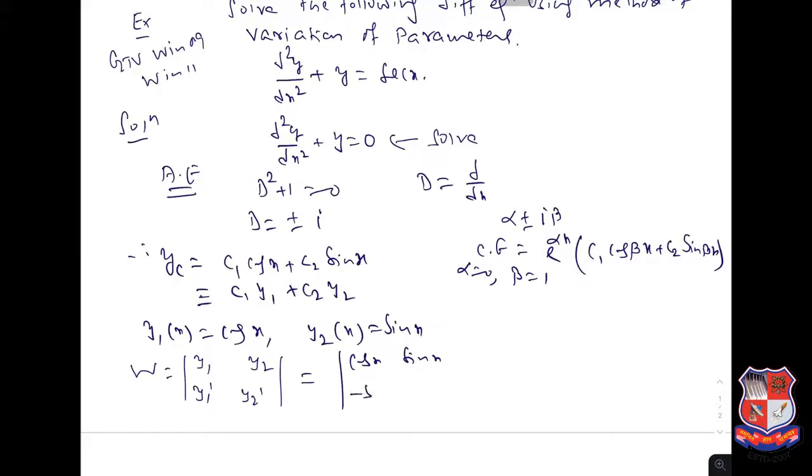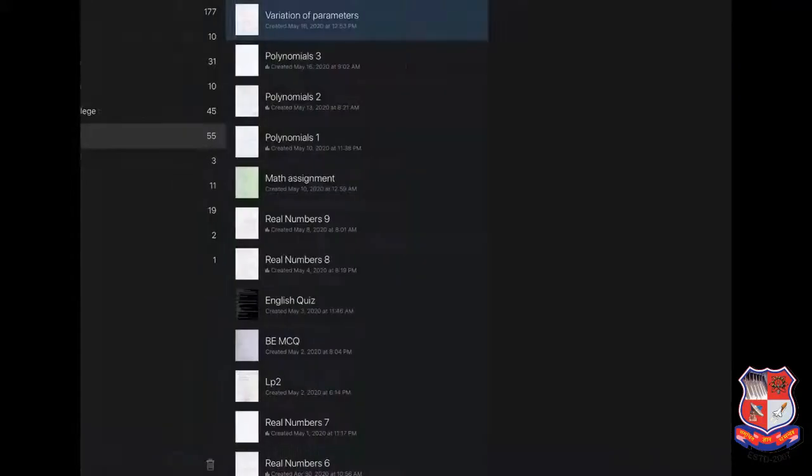Now derivative of cosine x is minus sine x, derivative of sine x is cosine x, and if you take the determinant, then that is nothing but cosine square x plus sine square x. So that is 1.